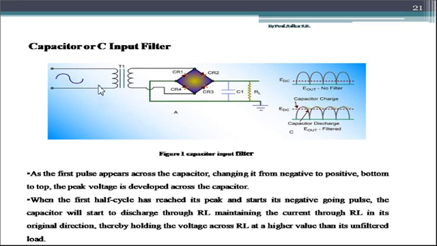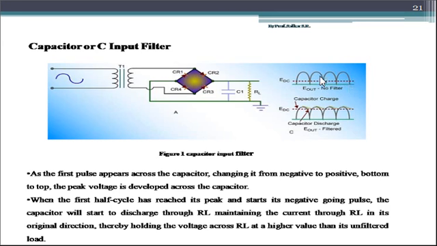When the input comes from the transformer, it goes to the rectifier, and the rectifier gives us the output in this type of waveform. These waveforms are the output of the rectifier when no filter is connected. When no filter is connected, we get a pulsating DC output, that is, a DC signal that is not pure, because an AC signal is also present in it.